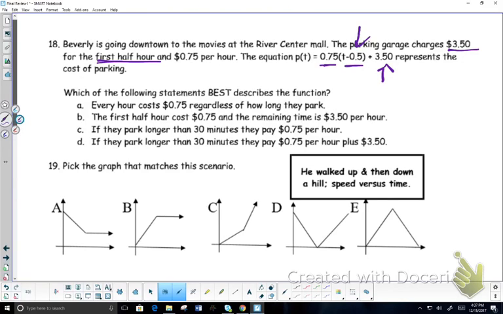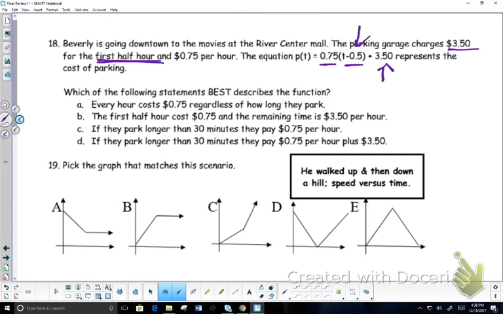Which of the following statements best describes the function? Every hour costs 75 cents regardless of how long they park. Well, that's not true. If they only park for half an hour, it does not cost 75 cents. So that would not be a true statement. The first half hour costs 75 cents. No, the first half hour costs $3.50.